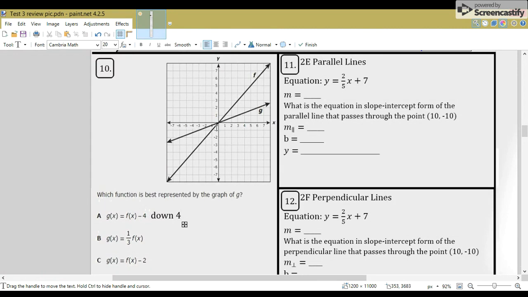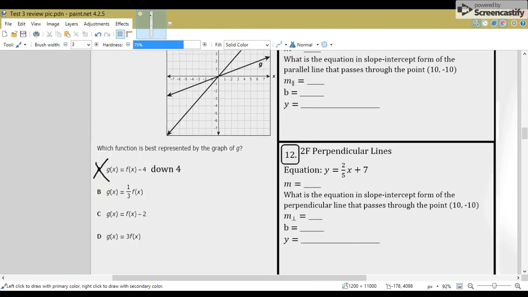This did not go up or down, so that is not the correct answer. The next one, B. g of x equals 1/3 f of x. That changes the slope. That's less steep. The next one, C. g of x equals f of x minus 2. Minus 2 means that it goes down 2. These graphs did not go up or down from each other, so that is not correct.